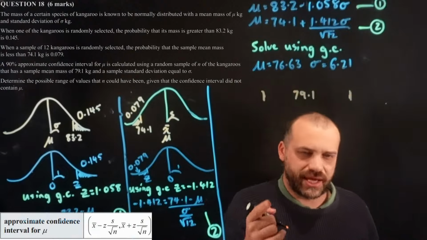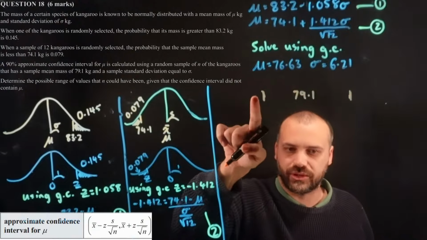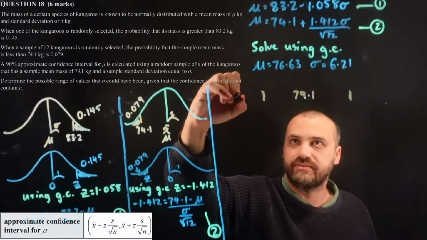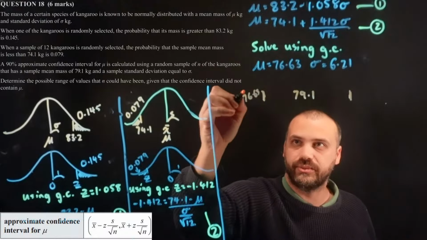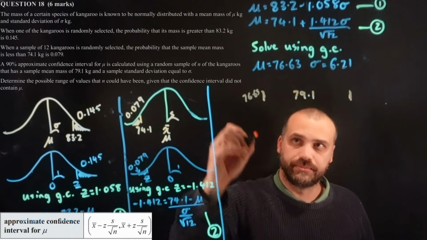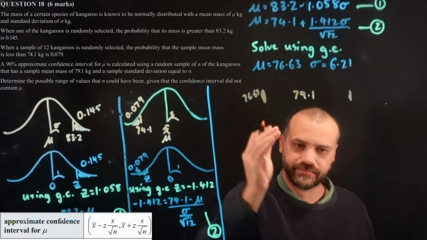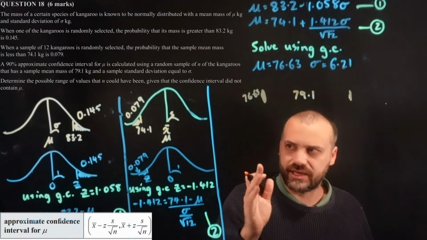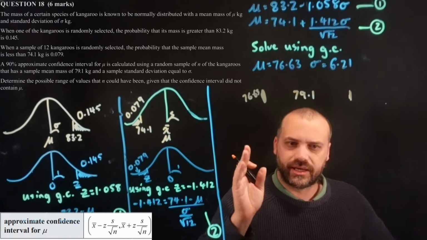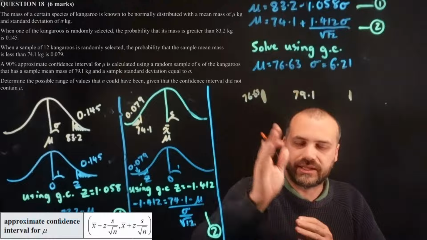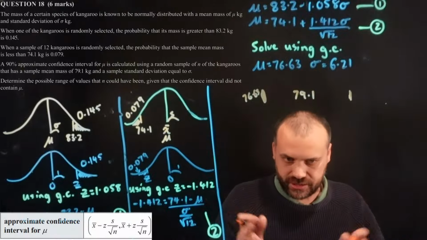So the only way it's going to be outside is if it's below the lower bound. The lower bound is this first bit here. And we want 76.63 to be outside. So what if I find out the sample size that puts 76.63 right on the bound? Then any sample size that's larger than that will decrease my confidence interval, and thus 76.63 won't be inside of it.